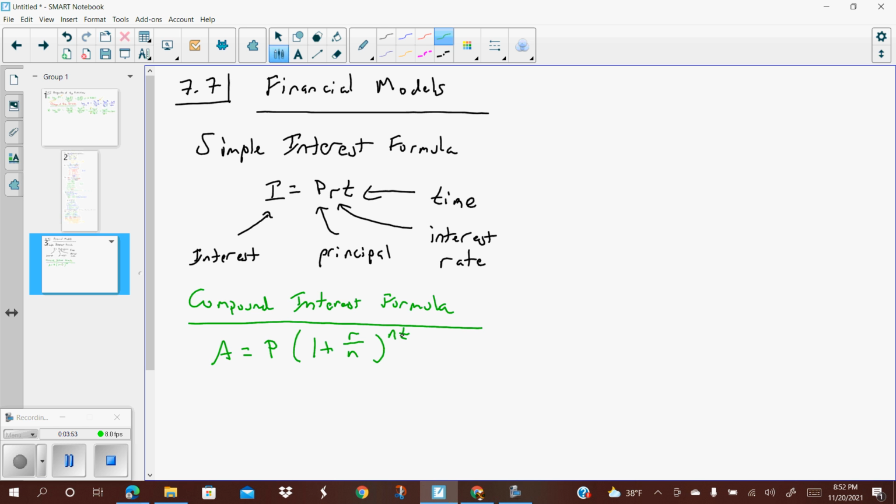Okay, so we've introduced another variable here that we haven't had to deal with before. The N stands for the number of times per year. So that's where the whole vocabulary comes into play. Semi-annually, annually, daily, monthly, whatever. That's what that represents.